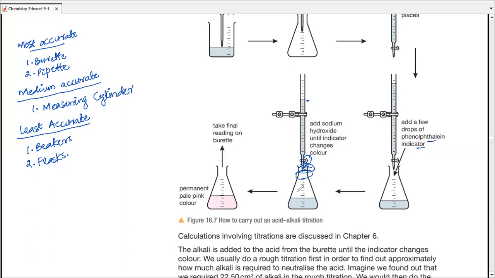With the left hand, keep shaking the flask. With the right hand, keep handling the tap. And your eyes should be right over here at the level. You shouldn't be watching it from here if it's too high. You shouldn't be watching it over here if it's too low. This way, you're definitely going to end up with error.